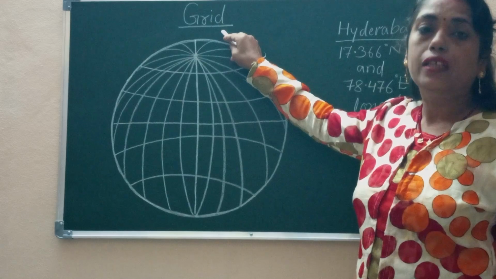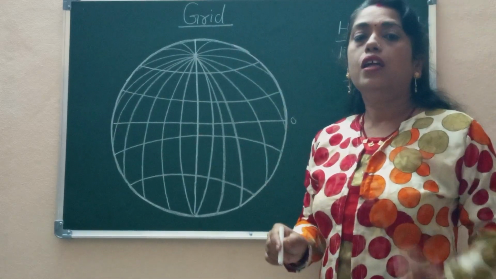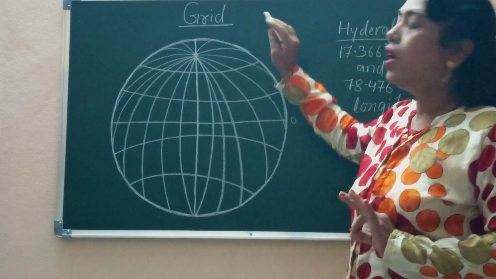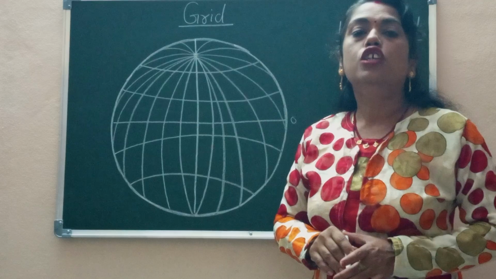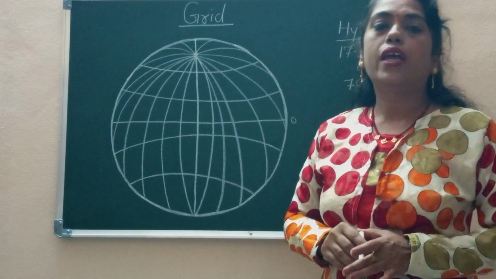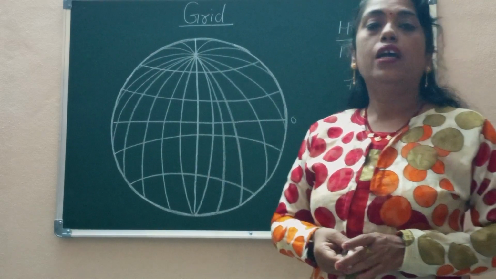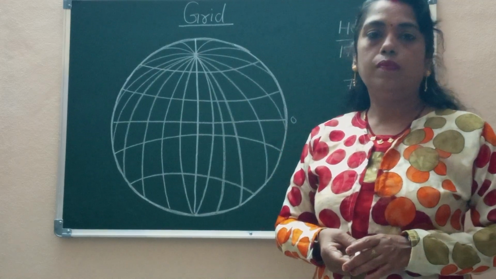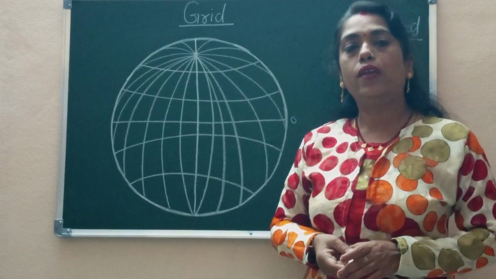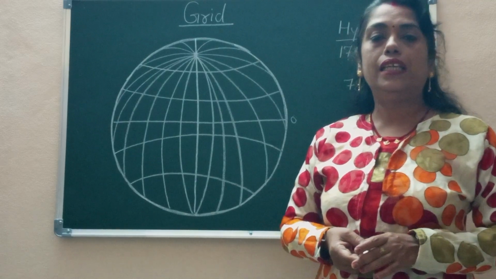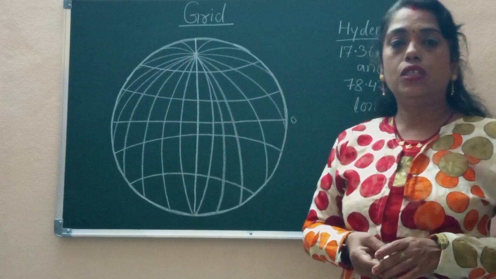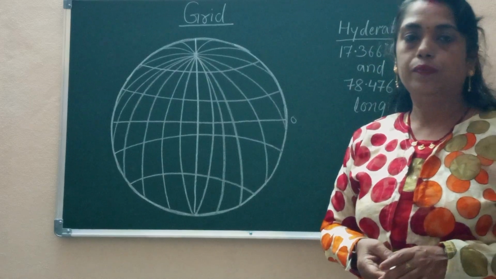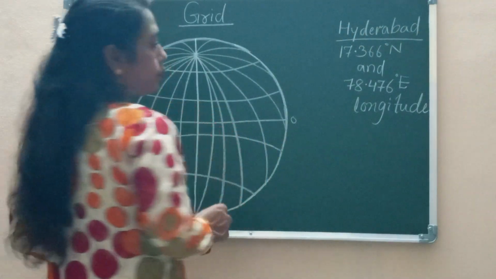The network of lines made by the imaginary lines, latitudes and longitudes, is known as the grid. The grid helps us to show the location, the address of a particular place, city, country or continent where we want to go in the world. We can easily go there with the help of the lines of latitude and longitude, which combined are known as the grid. So why is the grid needed?